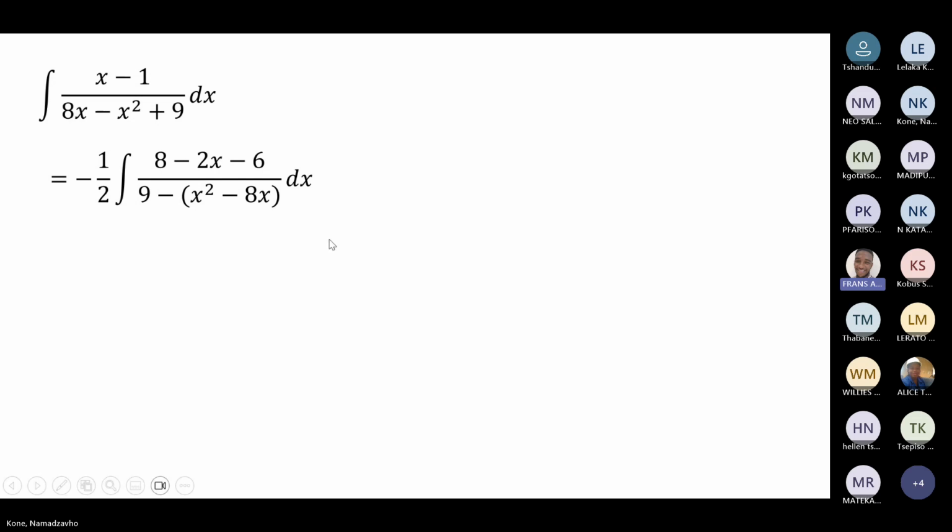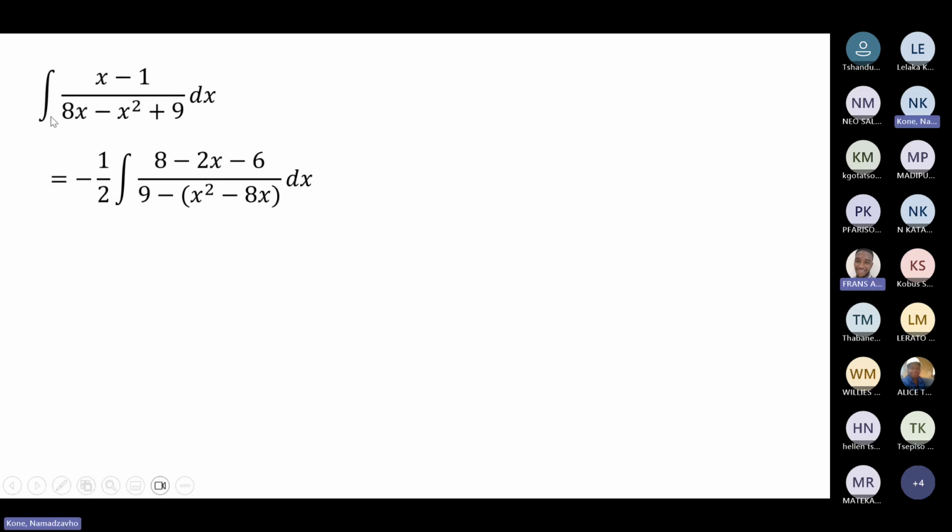I'm looking for the derivative of x squared minus 8x, which would have been 2x minus 8. But at the top, we're sitting with 8 minus 2x. I think maybe we could have avoided that step.